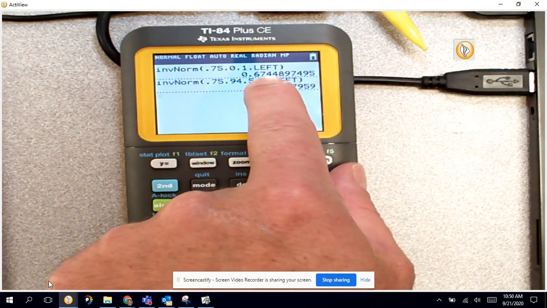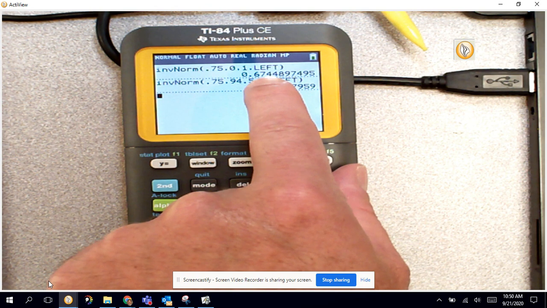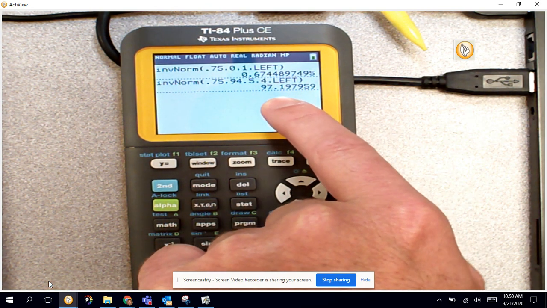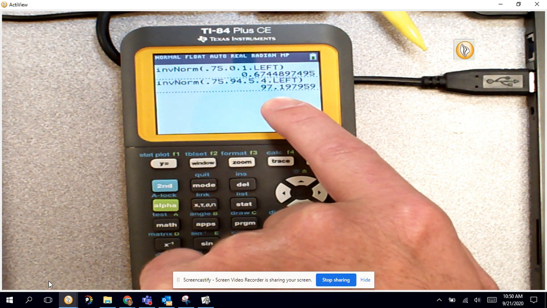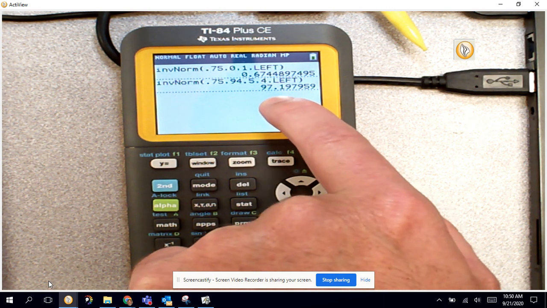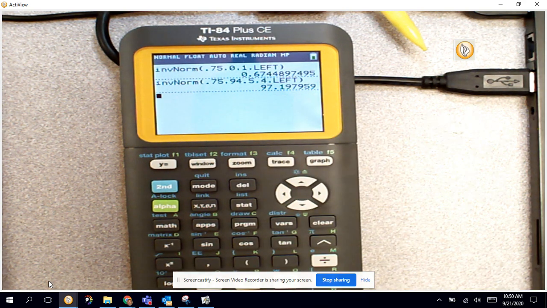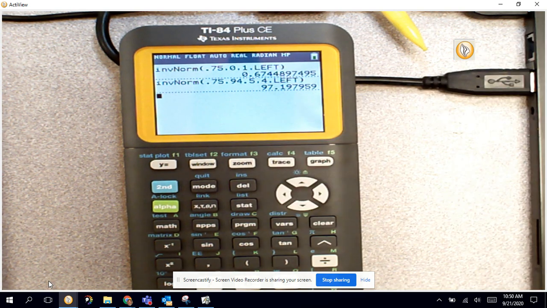You're 0.67 above the mean of 94.5, but this tells me my exact value, 97.19. Not 19759, 97.19 is the value that's at the 75th percentile. Okay. All right, so that's inverse norm. That's how you work backwards when you're given the percent and you're trying to find the number that corresponds to that percent.